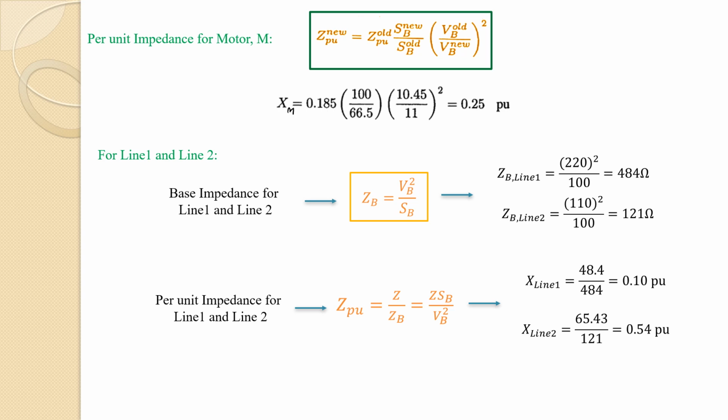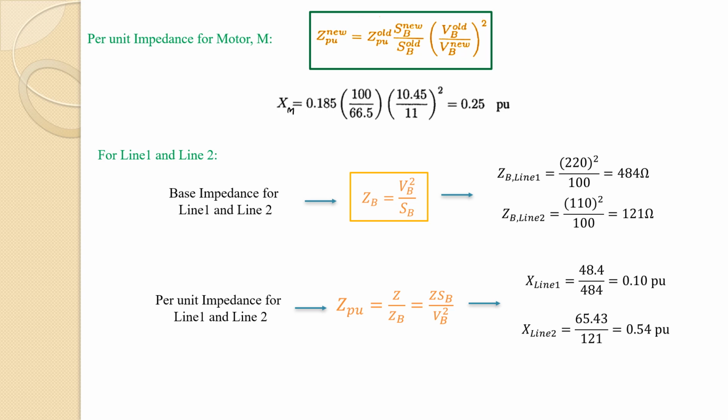So we'll be utilizing the formula to calculate the per unit impedance for the motor as Z per unit equal to Z per unit old, multiplied by MVA base new divided by MVA base old, multiplied by V base old divided by V base new, squared. On substituting all the values, we'll be able to get the per unit impedance for the motor as 0.25 per unit or 25%.